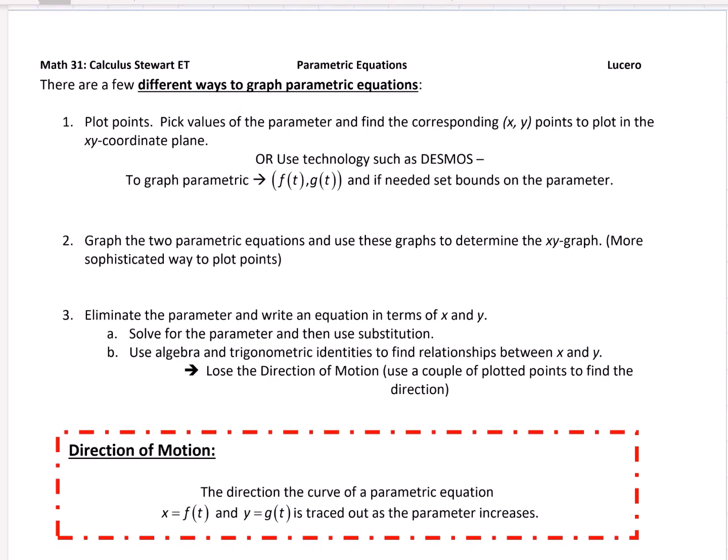One of them is by plotting points. Anytime we come across a new function, a new curve, a new definition we want a graphical representation for, plotting points is a good fallback. So we can always start by plotting points. We pick values of the parameter, create a table, plug them into both f of t and g of t, and figure out what the corresponding xy ordered pairs are so that we can graph them.